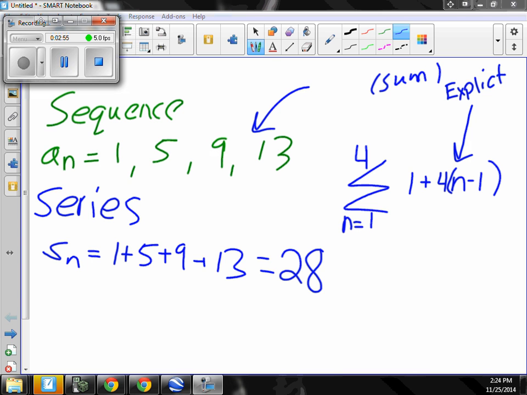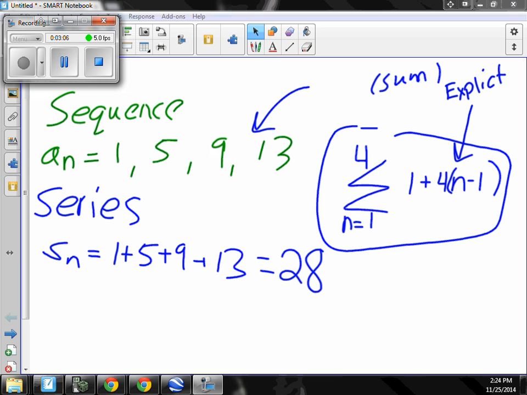Now, we can use lots of different versions of this, and I'm actually going to make you do it a little differently. Okay? Did it tell me which terms I started with? Which term is this? Does it have to be 1? No. So this could be a sub 0, a sub 1, a sub 2, a sub 3.